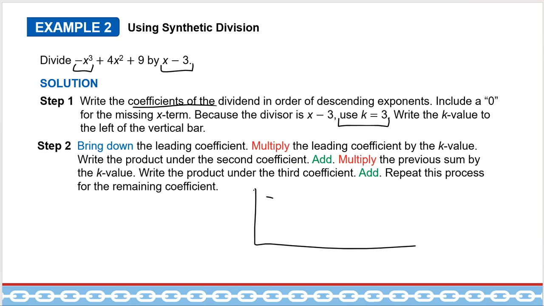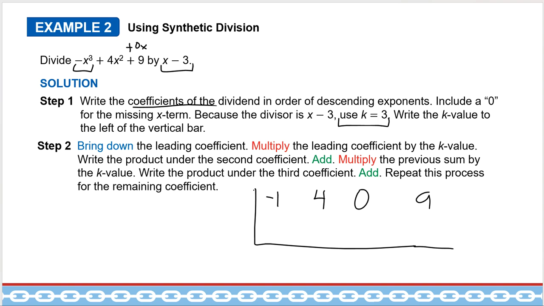So my first coefficient is negative 1. And then I'm going to leave a gap, and I have a 4. Now, there is no x term, right? 3, 2, and then constant. So this is plus 0x hiding right here. That is important that I don't skip it. And then the 9. Okay.